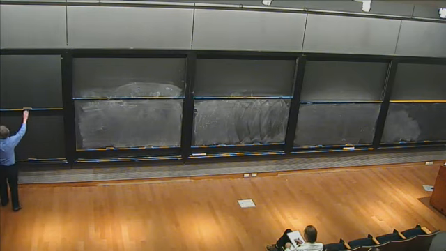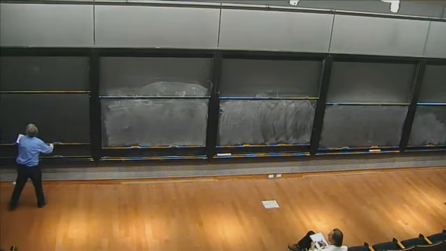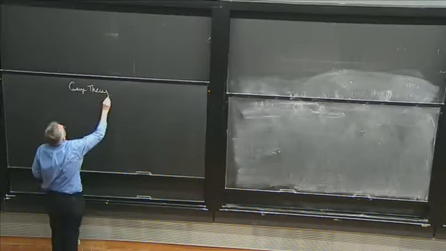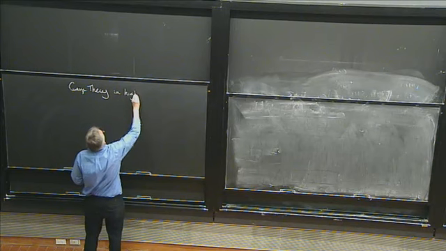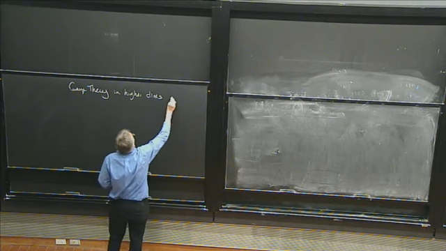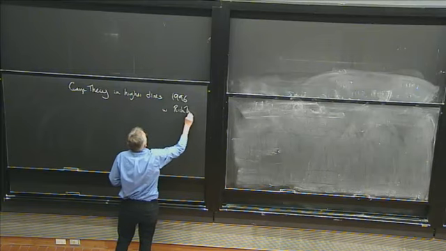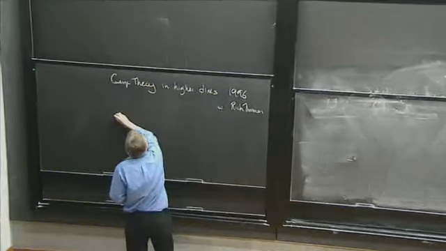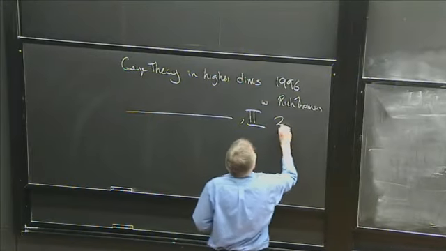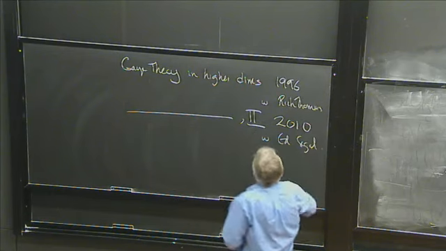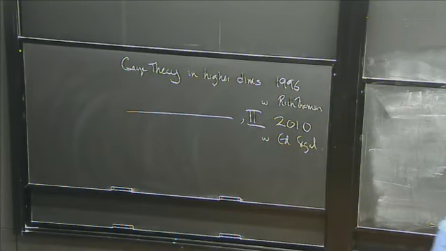Everything I say will be nothing new, basically one of the old papers I just mentioned, called Gauge Theory in Higher Dimensions, in 1996 with Richard Thomas, and then part 2 in 2010 with Ed Segal. Soon it will be time for part 3, one of these years.